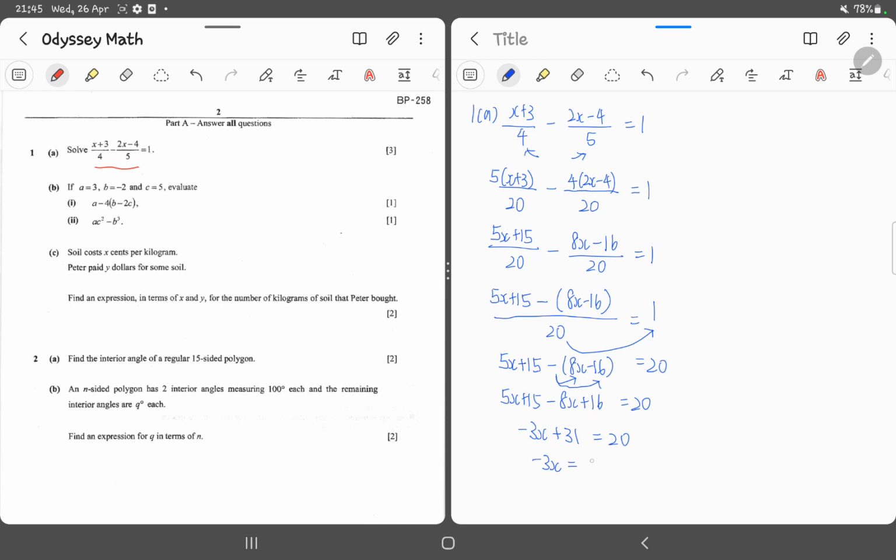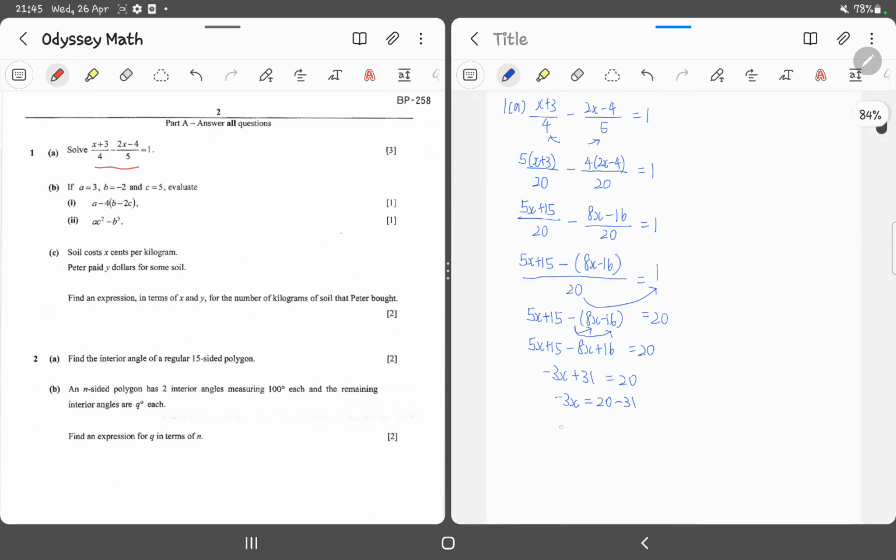So minus 3x equals 20 minus 31, which is minus 11. Then I divide by minus 3 to get x, and I must also divide the other side by minus 3. Minus 11 divided by minus 3 is 11 over 3. And we are done with question 1A.